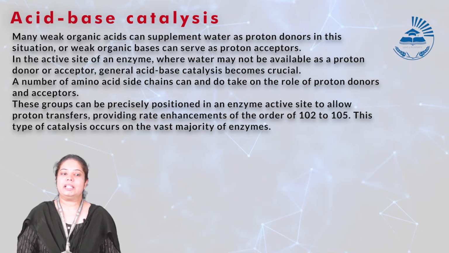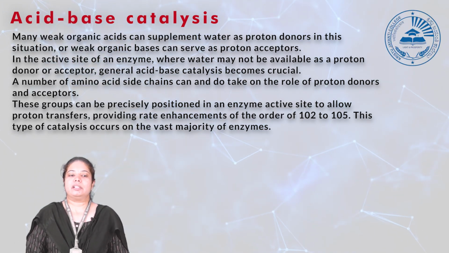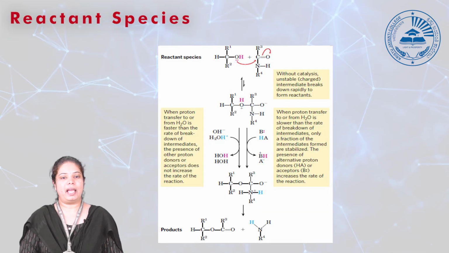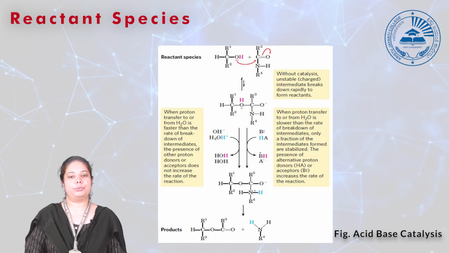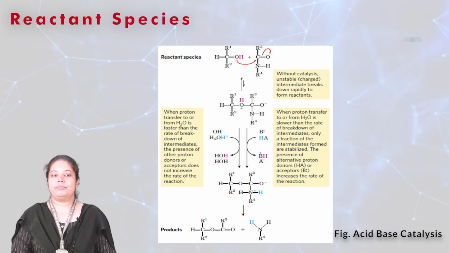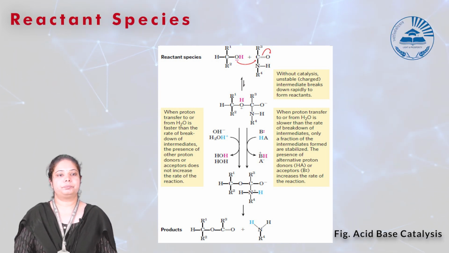Usually, in the presence of enzyme, the product formation rate will be enhanced around 10 to the power 2 to 10 to the power 5 times greater, with the enzyme as catalyst.